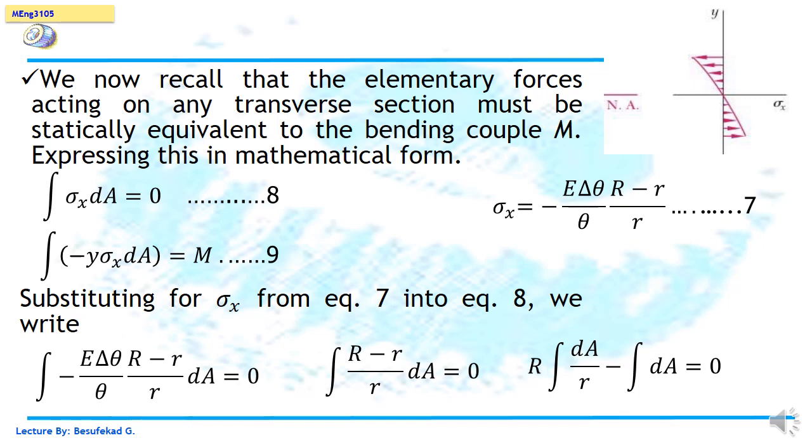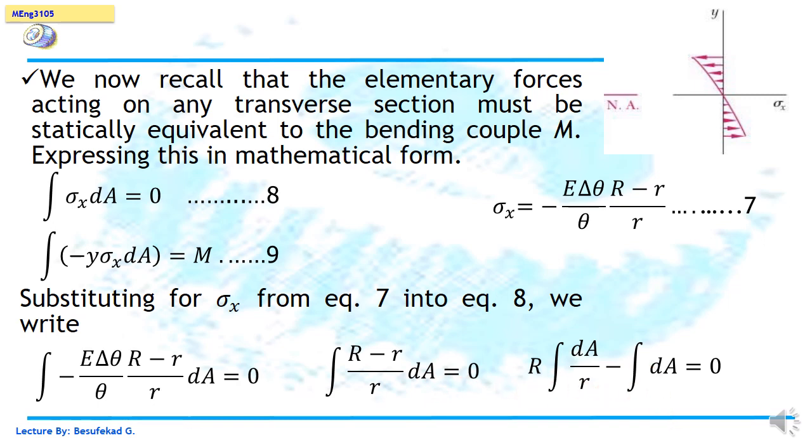The total couple acting, which is given by equation 9. Now we already got equation 7. So if you substitute equation 7 into equations 8 and 9, you get these expressions. This simplification will actually give you this one, and then you arrive finally at this point.